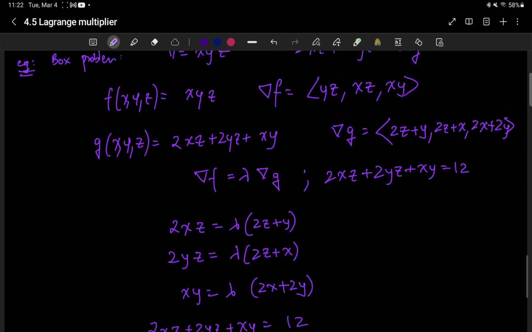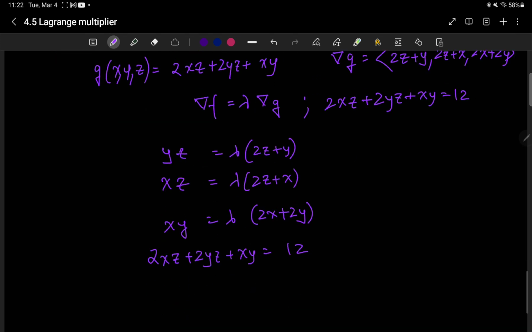Okay, there's an error here. Del f, these are not correct. Del f's don't have 2's, these are just yz, xz, and xy.